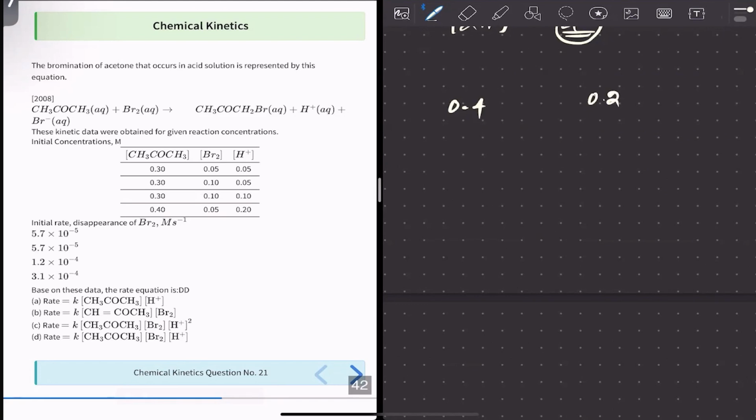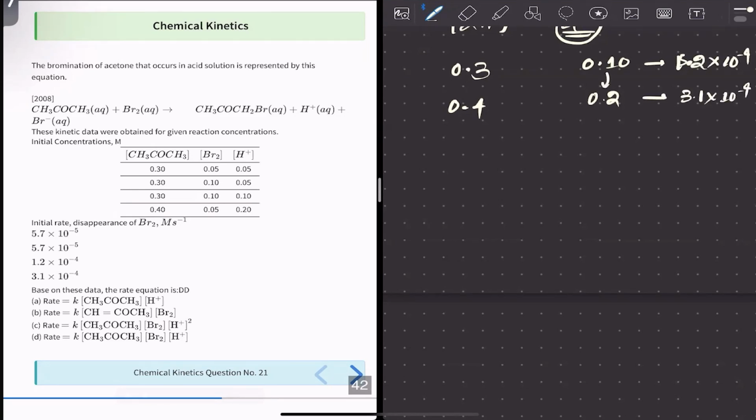So here we can write: when the hydrogen concentration was 0.10 and the CH3COCH3 concentration was 0.3, the rate of reaction was 1.2 × 10^-4. Now it becomes 3.1 × 10^-4.